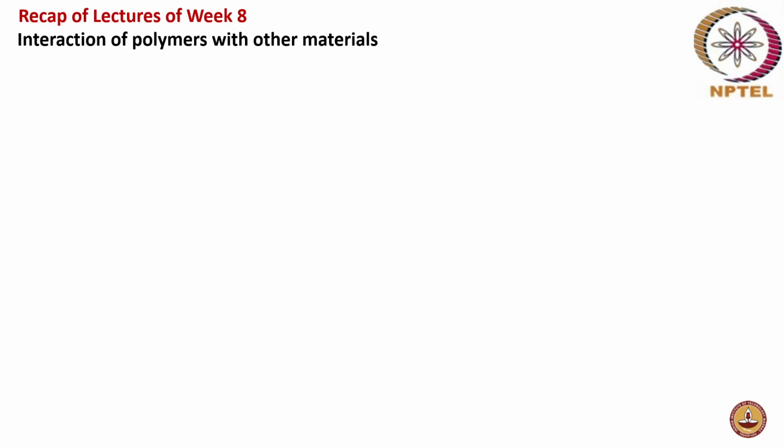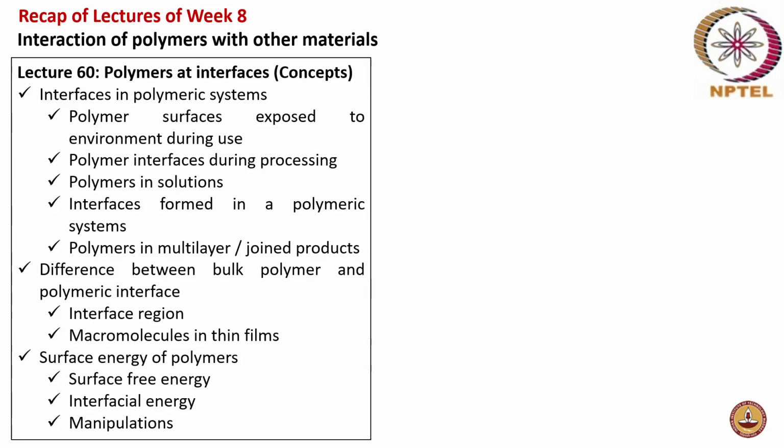Okay. The next lecture was on polymers at interfaces. Obviously, any material will be exposed to the environment, so that will have an interface between the environment and the material: polymer and air, polymer and water, or in some solvent. Or it can be between two surfaces, a polymer and a metal in contact.